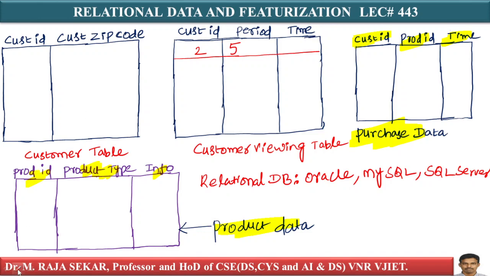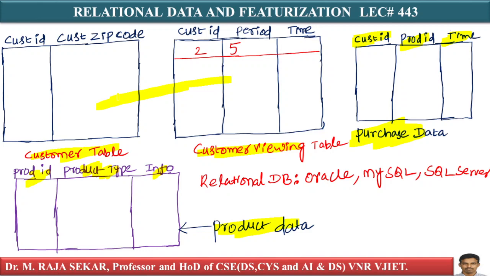You can use SQL, the standard language through which you can join these two tables. Of course, you can also do it in Python itself. For example, in pandas, you can write SQL queries to do operations on tables. Data which is stored in a relational database is said to be relational data.